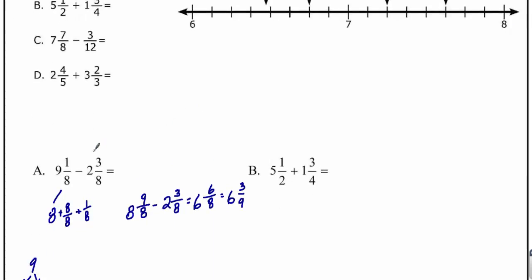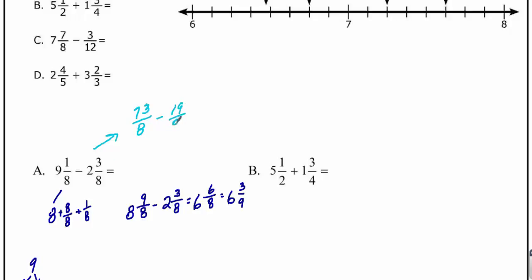Now, the second way to solve this problem is to convert everything into improper fractions. So 9 1/8 becomes 73 over 8. 9 times 8 is 72 plus 1 is 73. In 9, there are 72/8 plus you have 1 more 8th. 2 times 8 is 16 and 3 makes 19.